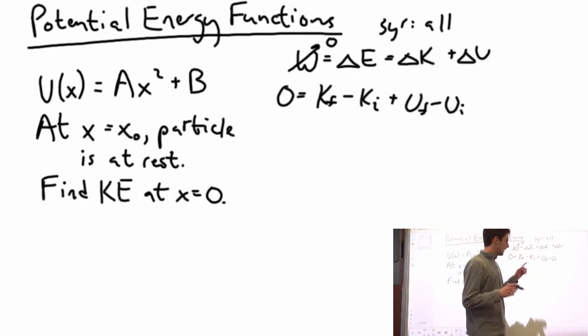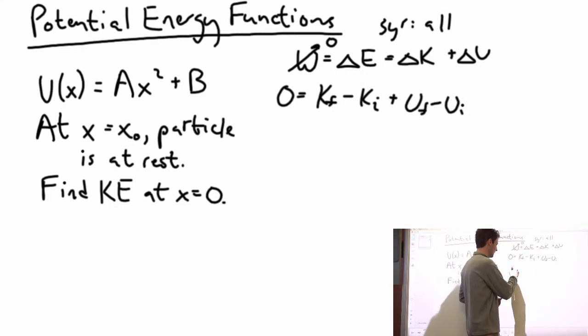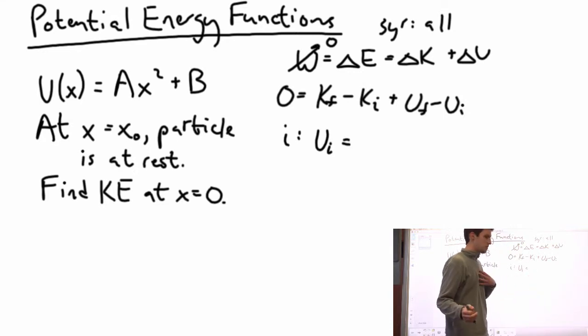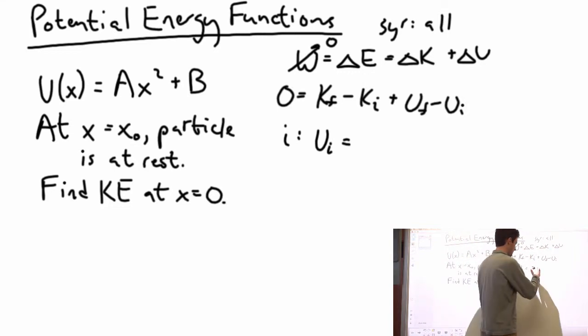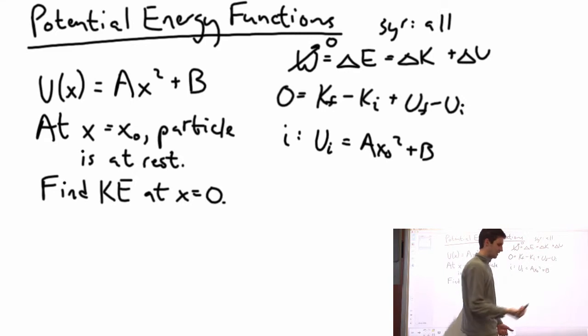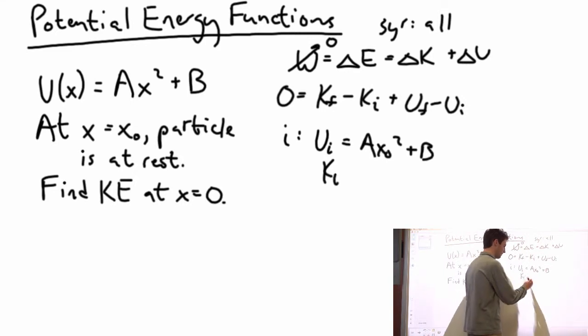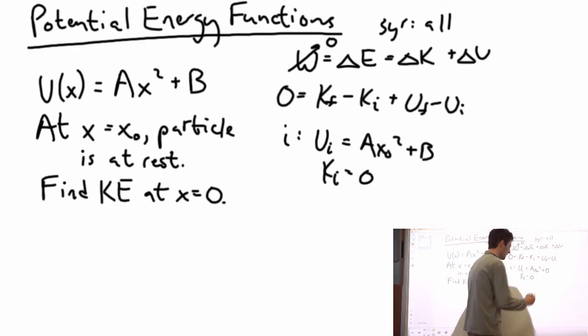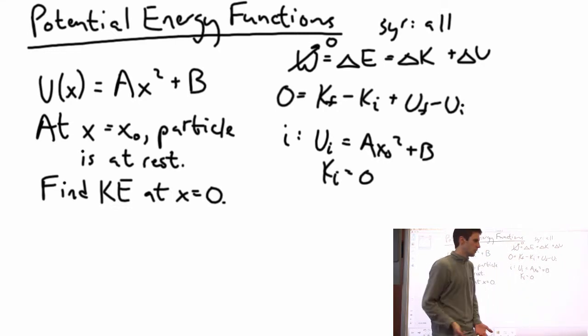So at the initial time, U is just me plugging x naught into my U function, so a x naught squared plus b. I know my kinetic energy at the initial time is just 0. And the final time is the time that I want to know about.